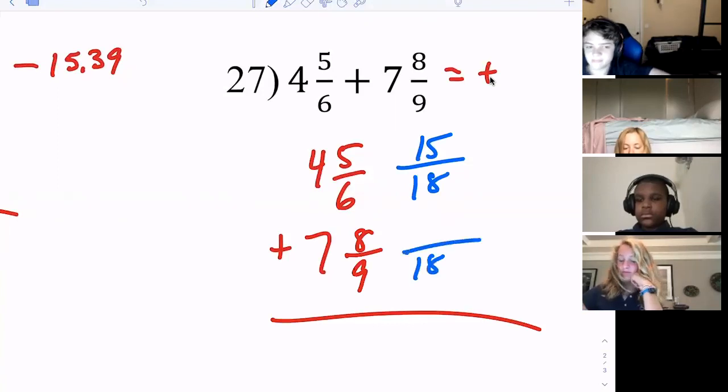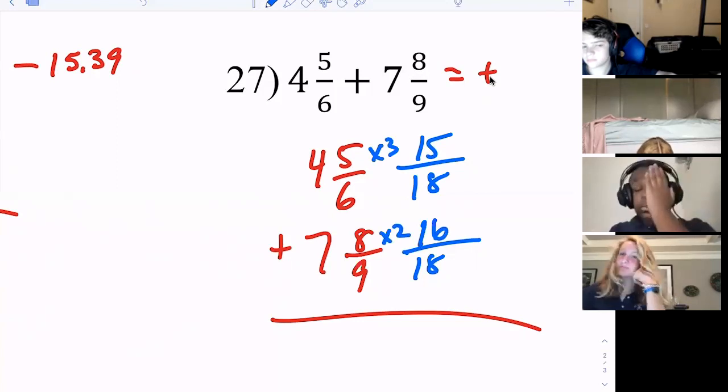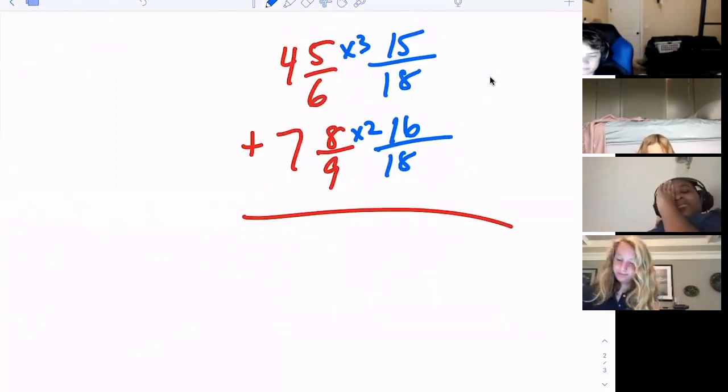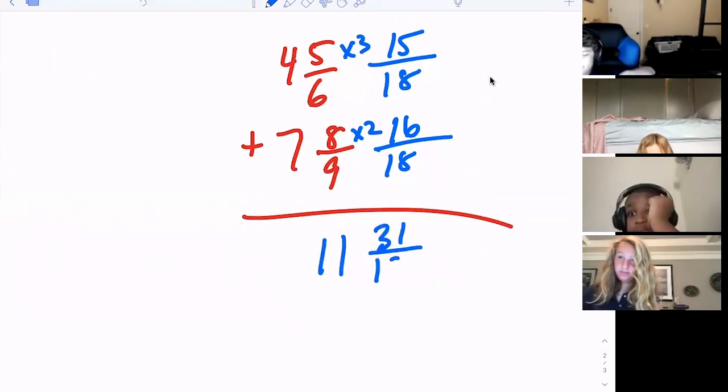What's the new numerator in the other one? 16. 8 times 2 is? 5 times 3 is? Brilliant. Now we're just adding 4 plus 7, 15 plus 16.